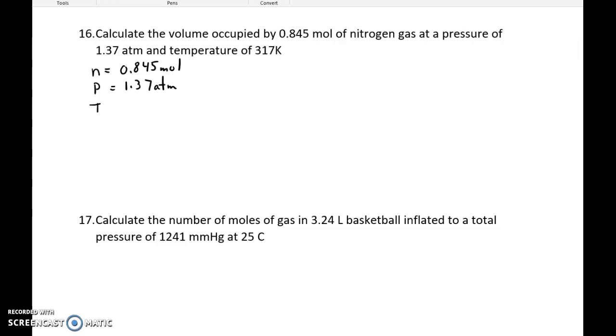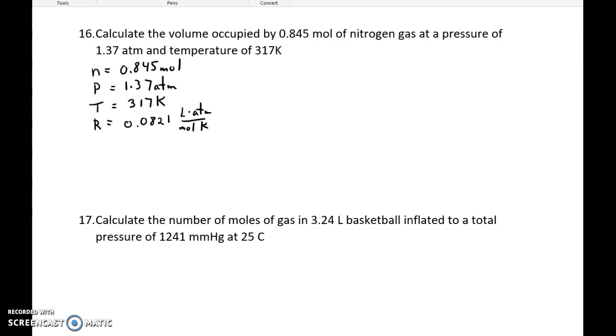And we have a temperature of 317 Kelvin. We also have R. R does not change, so R is always going to be 0.0821, and this is liter atmospheres per mole Kelvin.